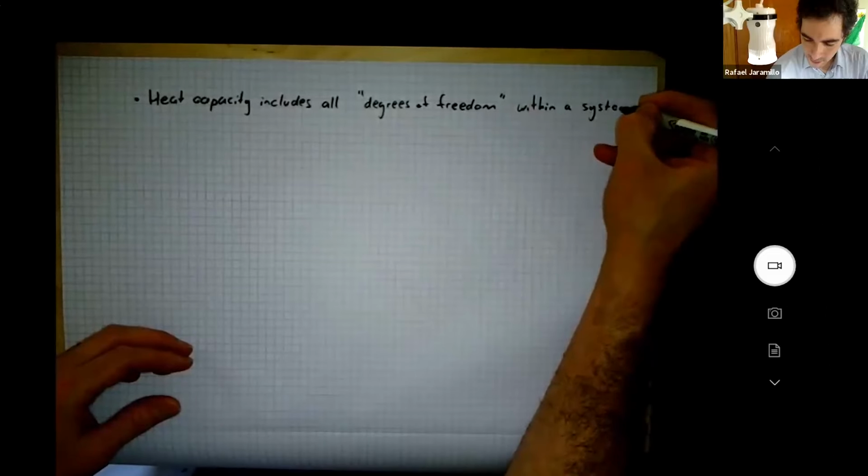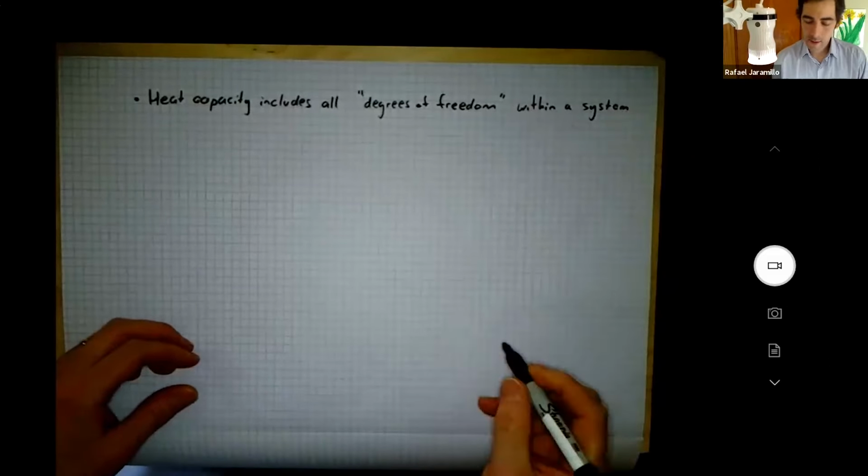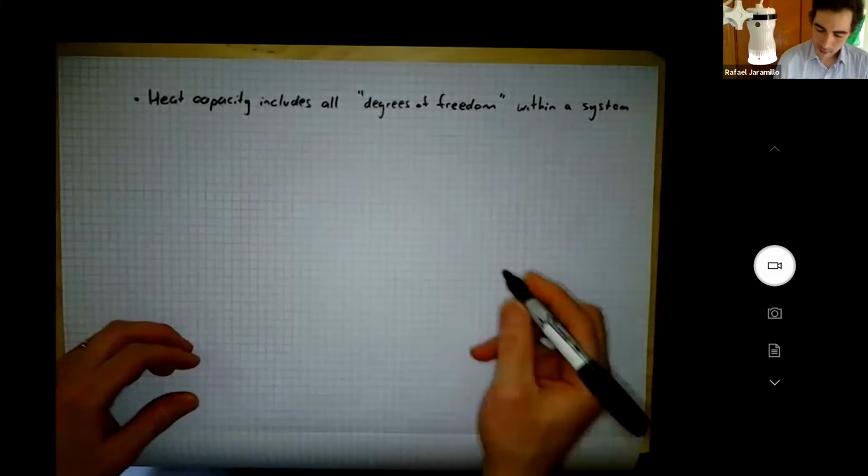Is there anything else about the system? We've talked about it a little bit. I'll give you a hint. We talked about ways that energy can be partitioned in lattice vibrations.